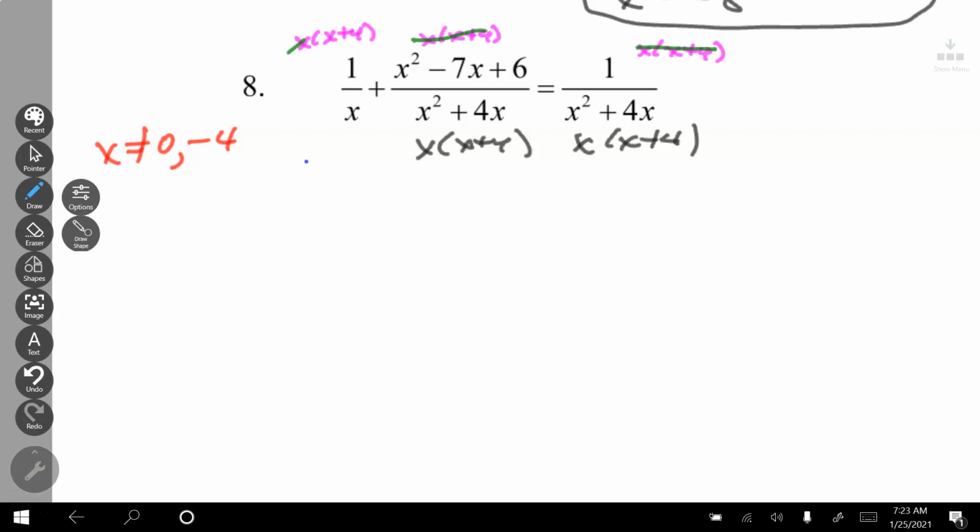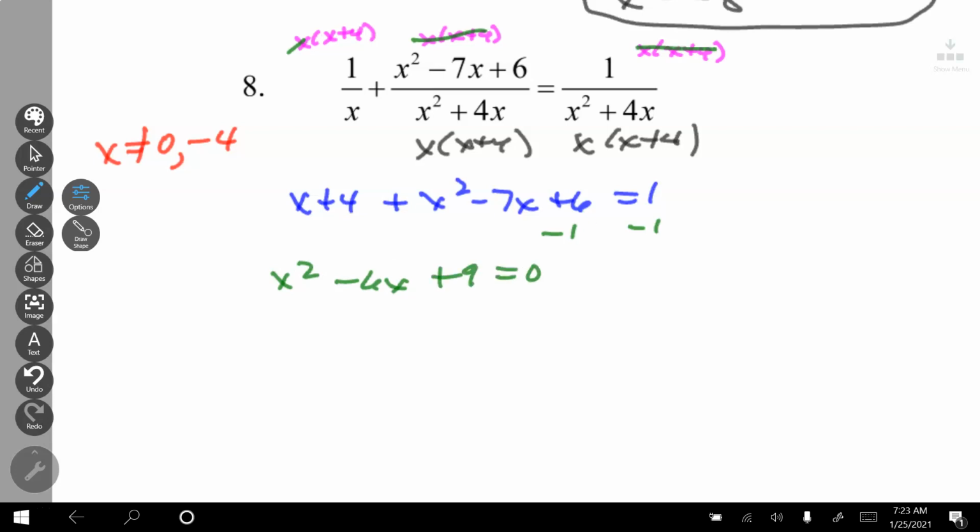And I get 1 times x plus 4, so I get x plus 4 plus that whole numerator, because everything cancels out in the denominator, is equal to 1. I'm going to bring this 1 over by subtracting it. We'll write it in standard form. x squared minus 6x plus 9 is equal to 0.